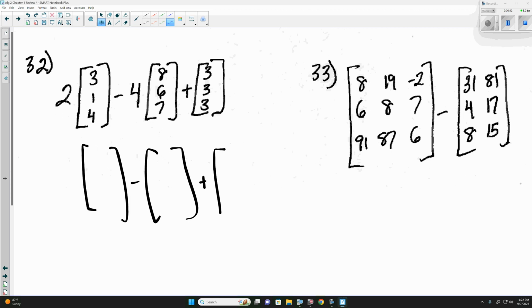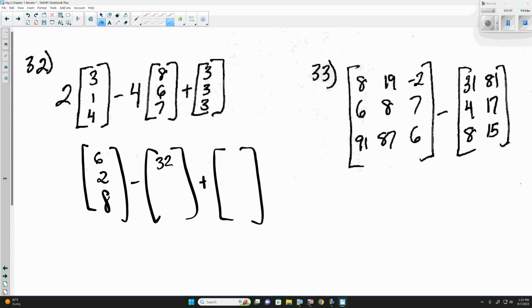Because if we distribute the 2, 2 times 3 is 6, 2 times 1 is 2, 2 times 4 is 8. 8 times 4 is, what's 8 times 2? 16. Times it by 2 again. Because that's a way you can multiply.